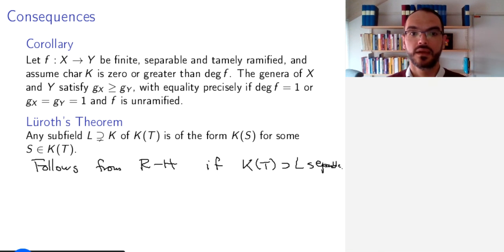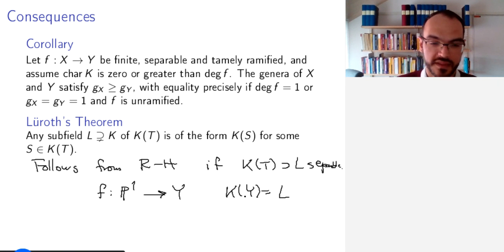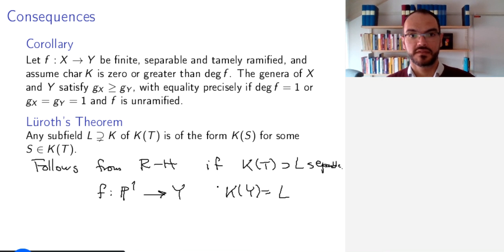How does it follow? Well, we assume that we have f, a map from P1 to some curve y with the field of fractions of y being this L. By this assumption, this satisfies the previous assumptions, assuming also that the extension is such that all of that holds.